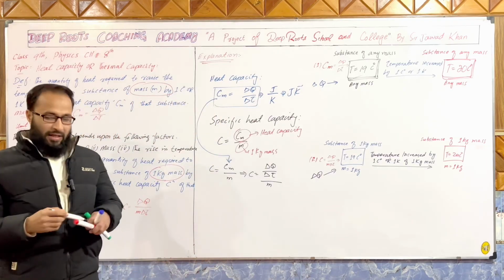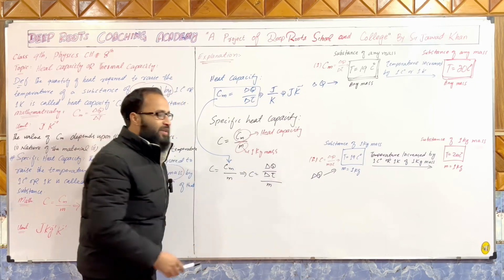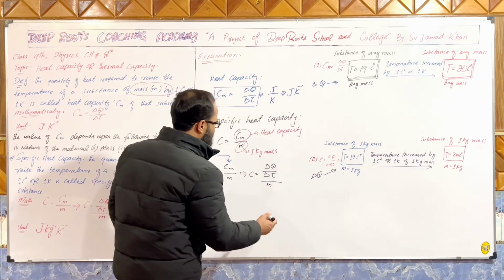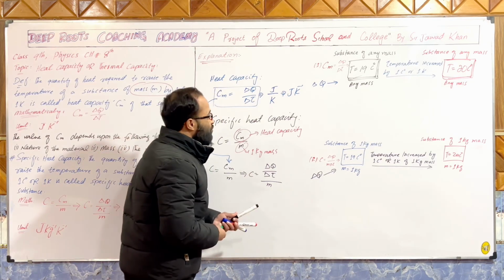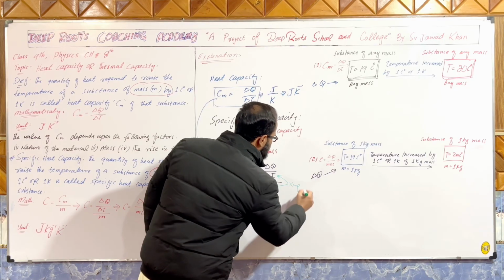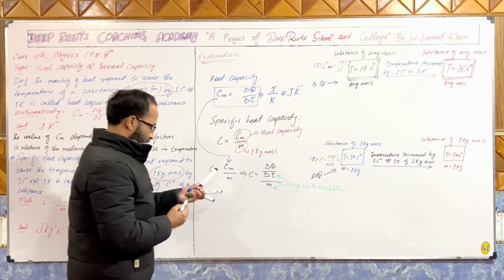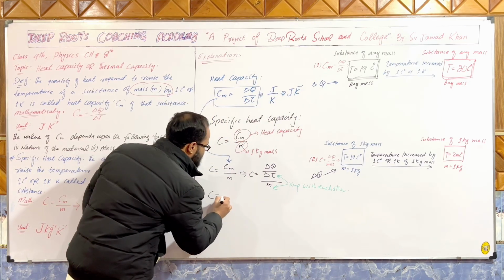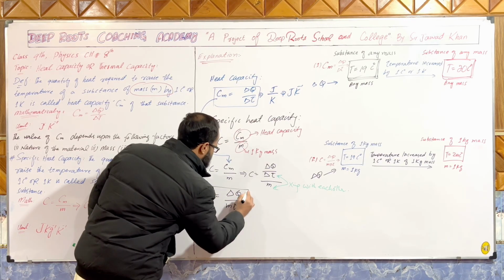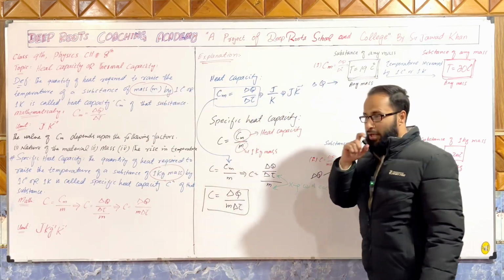And you know very well in mathematics, if there is a denominator having another denominator, both of the denominators will be multiplied with each other. So I will get C is equal to del Q divided by M del T, which is the final form of the specific heat capacity.